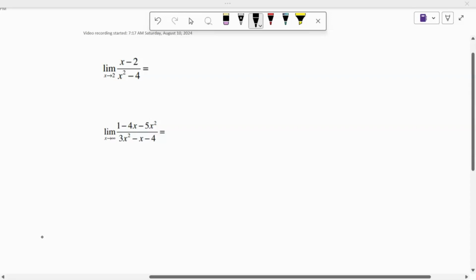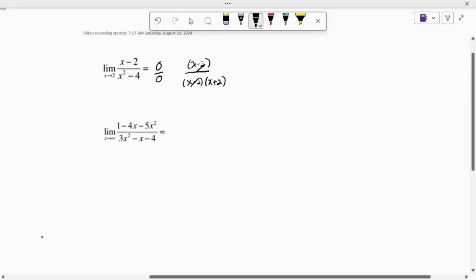All right, so before we do some L'Hopital examples, let's just look at problems that we could use L'Hopital's rule on. For example, in the first one here, if I would plug in 2 by direct substitution, I would get 0 divided by 0. We have learned other methods of solving this limit by factoring, which could easily get this limit, but we're going to show you how this could be done with L'Hopital's rule.